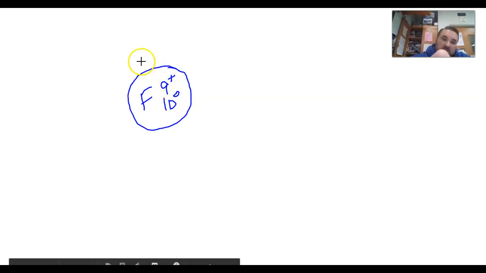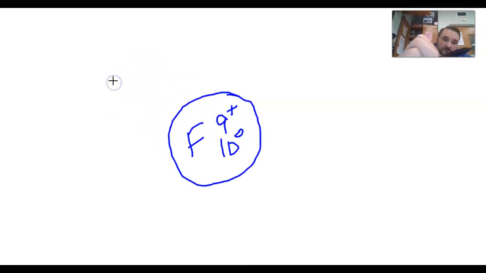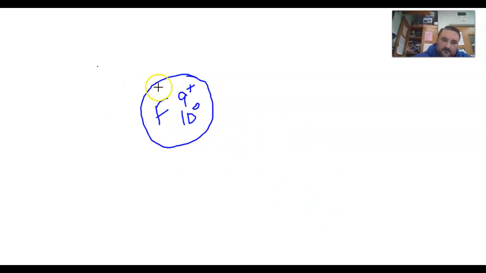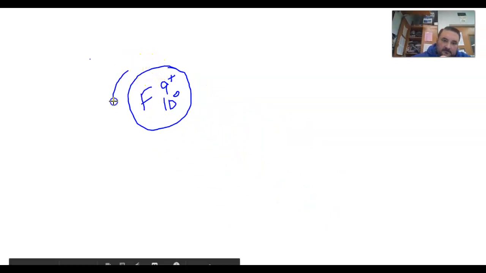So if I draw my fluorine in here, fluorine has 9 protons, 10 neutrons. So we'll have 9 electrons. You have 2.